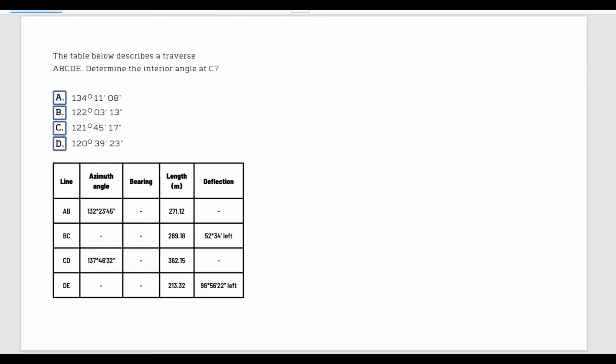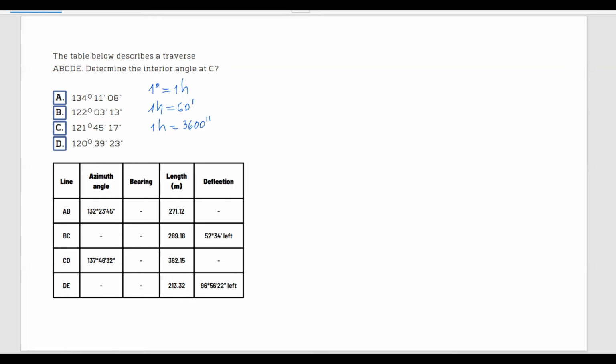So we know that 1 degree is equal to 60 minutes, and 1 degree is also equal to 3600 seconds.